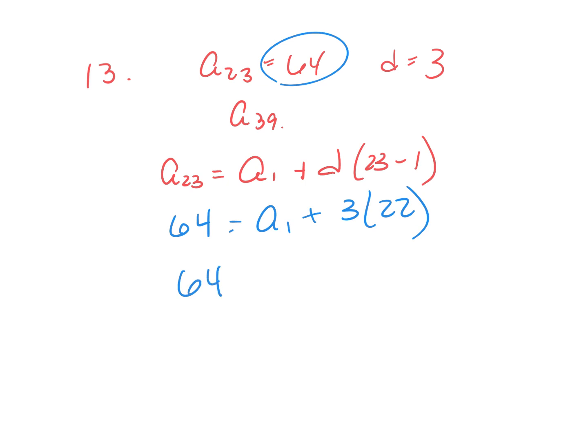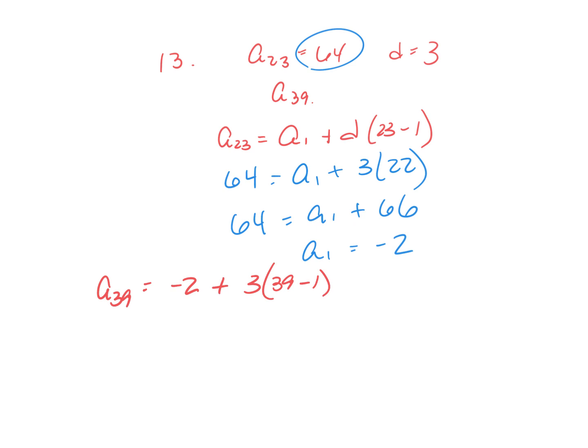So 64 equals A1 plus 66, and A1 equals negative 2, right? Minus 2. Yeah, it's 112. And that is your answer.